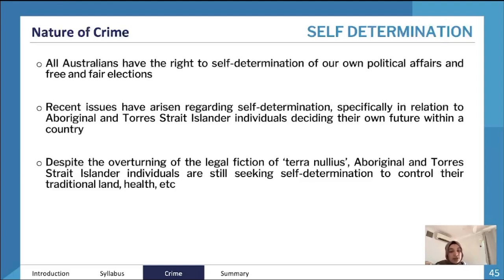Despite the overturning of the legal fiction of terra nullius, which is basically stating no man's land, when the British first came to Australia and determined that no one was living on this land, despite overturning this statement because clearly there were Aboriginal people on this land, they are still seeking self-determination to control the traditional land, their health, etc., which again highlights an area of ineffectiveness in the current system which needs to be addressed.